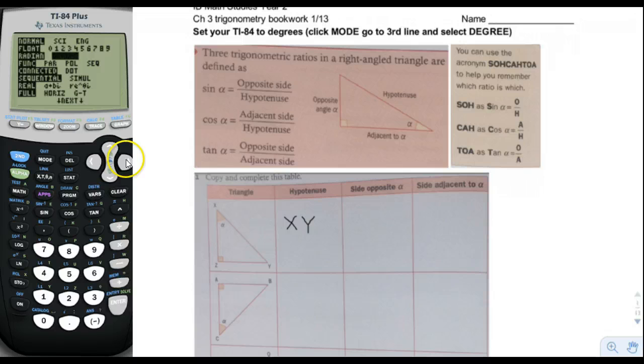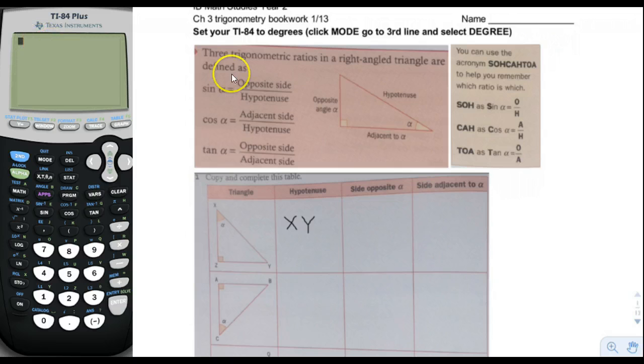So always switch to degrees first by going to degree and hitting enter, and then you can quit by doing second quit. You should always do that at the beginning of an exam session, or if you borrow somebody's calculator. You should always check that before you do any kind of trigonometry assignment.